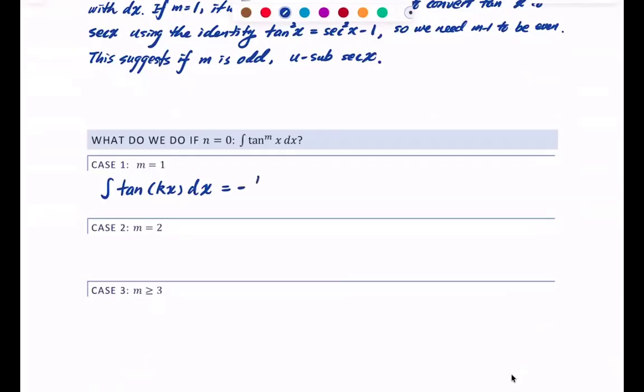Okay, negative 1 over k, natural log, absolute value of secant kx. Yeah, that's the positive one. If you do the negative one, it's the cosine. So you just apply the formula. I gave you the more general one.